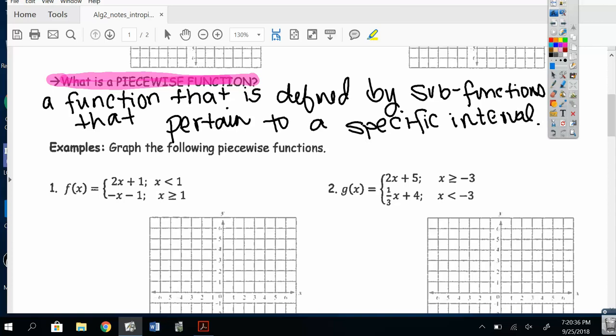Okay? So a piecewise function is one function that's defined by a bunch of subfunctions. Right? This means many functions to make one big function that pertain to a specific interval.